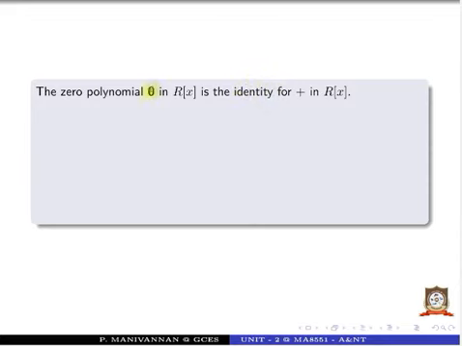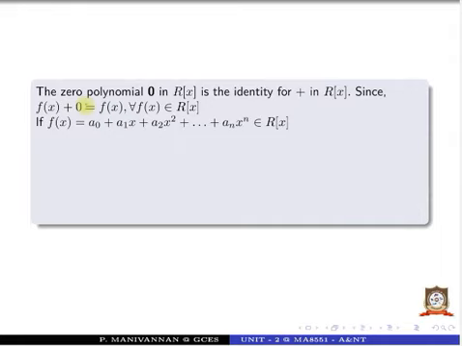The zero polynomial 0 in R[x] is the identity for plus in R[x]. It means f(x) plus 0 equals f(x) for all f(x) belonging to R[x]. We already know f(x) equals a0 plus a1x plus a2x square plus etc., an x power n belongs to R[x].